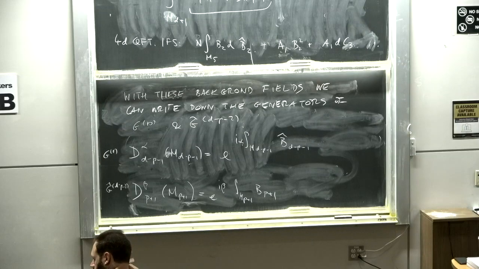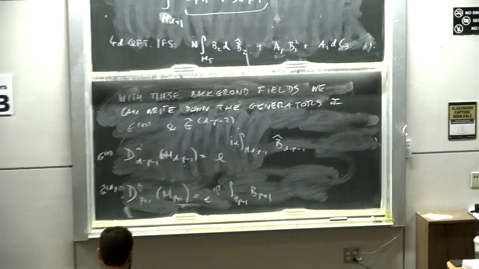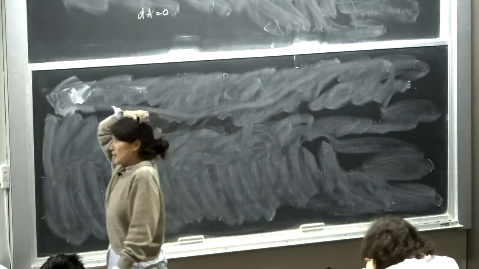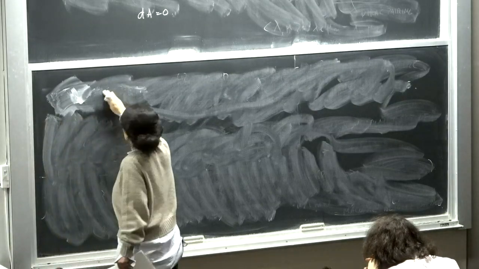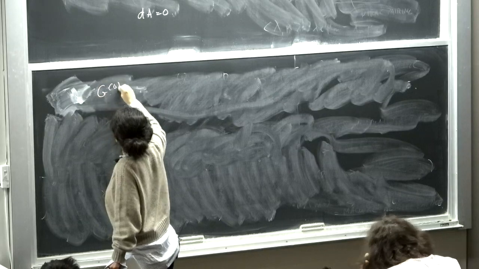Okay, so the last thing I would like to discuss, which is probably just about right for half an hour, is this. We've looked at higher-form symmetries. A theory can have zero-form, one-form, two-form symmetries.